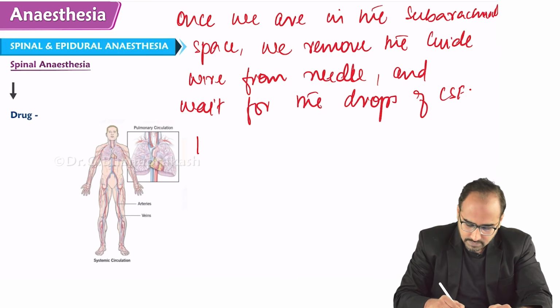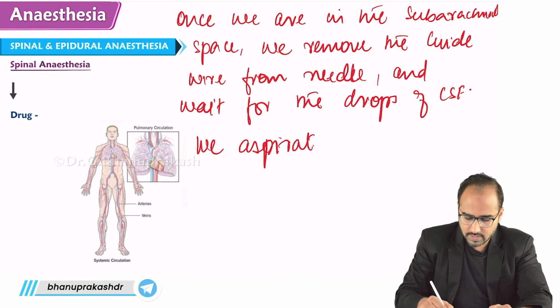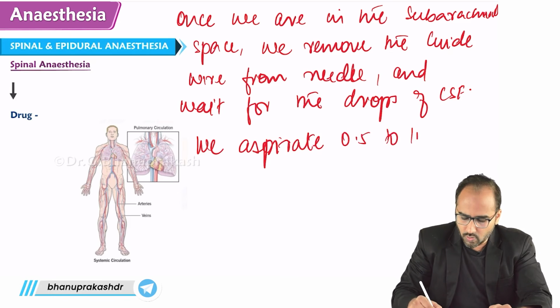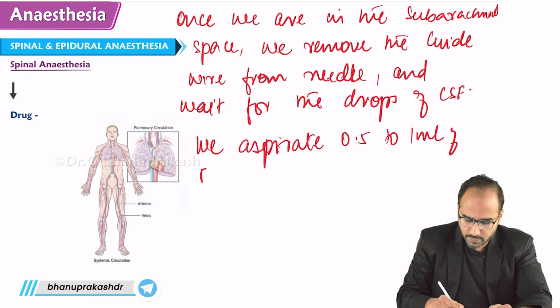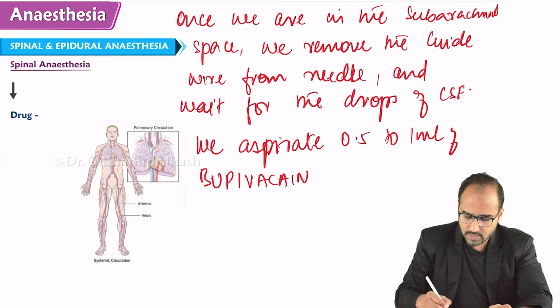We aspirate some 0.5 to 1 ml of bupivacaine into the syringe.